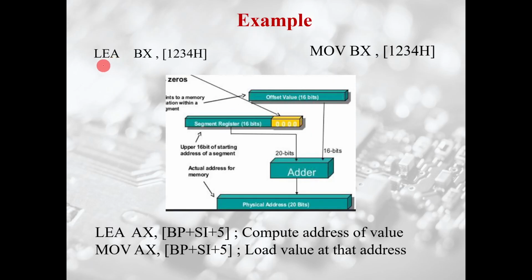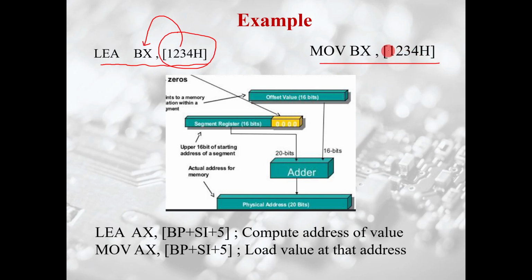The first one here is load effective address, LEA BX, 1234. What it does is take the offset address of the source, which in this case is 1234, and store it into BX. What is the difference from MOV BX, 1234?